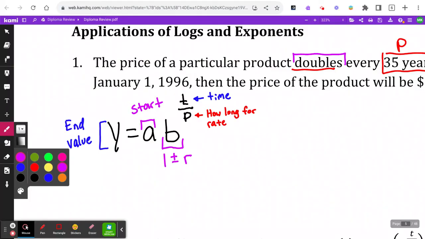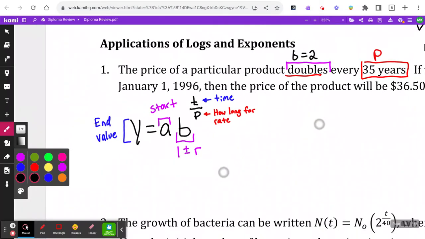That's doubles. Or when you go to put these things in, doubles just means that your b value is going to be 2. If I said triples, the b value is going to be 3. Quadruples, b value is going to be 4, and so on. Instead of thinking of it as a percentage, it might be nice to think doubles means b equals 2.